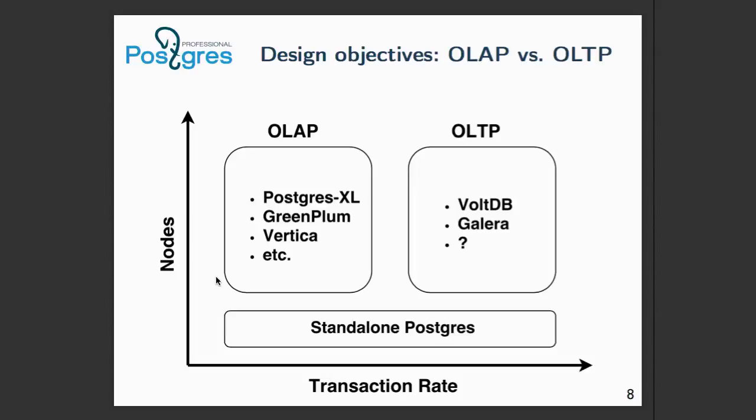And if we go to analytics, there are actually a lot of clusters. Even based on Postgres, there are Greenplum, Vertica, and a lot of them. But if we are going for OLTP style loads, there are actually not that many. There is VoltDB, there is Galera replication for MySQL, and most of the NoSQL databases, not most of them, but some of them are targeting that area.